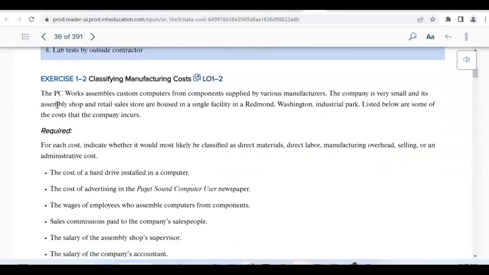It says the PC Works assembles custom computers from components supplied by various manufacturers. The company is very small, and its assembly shop and retail sales store are housed in a single facility in Redmond, Washington. Listed below are some of the costs that the company incurs.